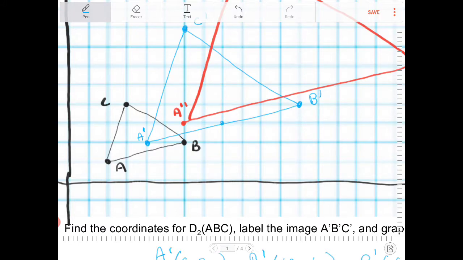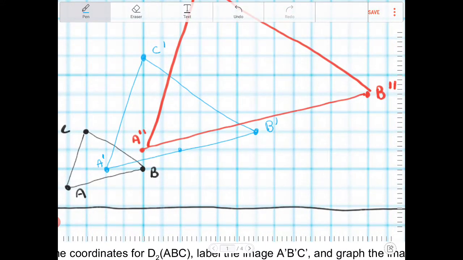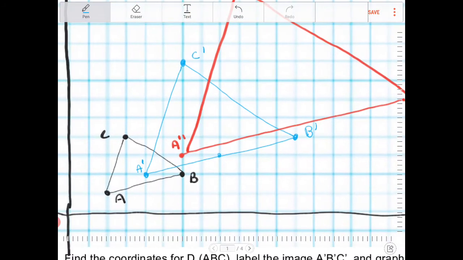So actually it's the same slope. And if you look at this, all of these will have exactly the same slope as before.